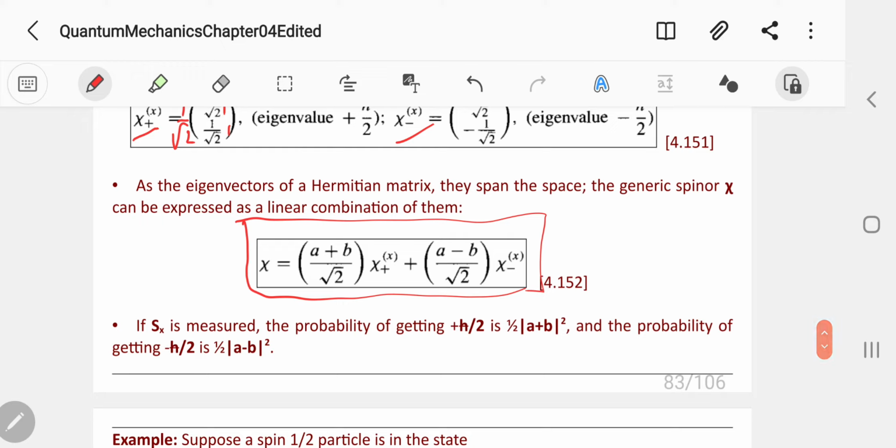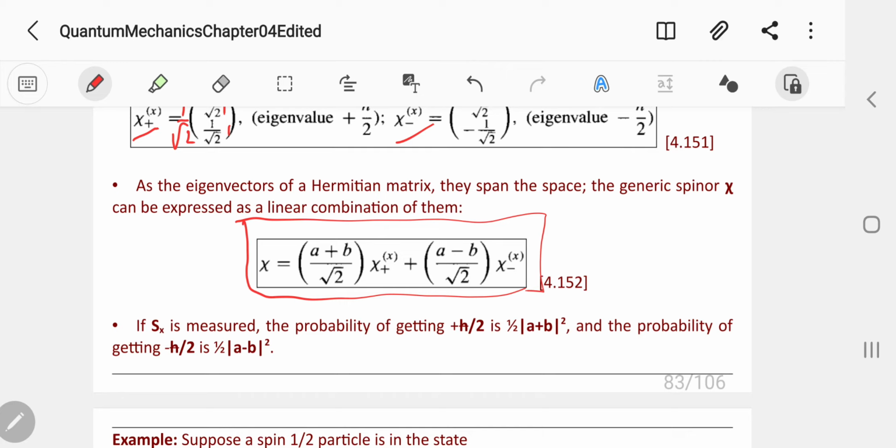So if Sx is measured by its eigenvalue, the probability of getting positive h bar over 2 is 1/2 times a plus b square, and the probability of getting negative h bar over 2 is 1/2 times a minus b square.